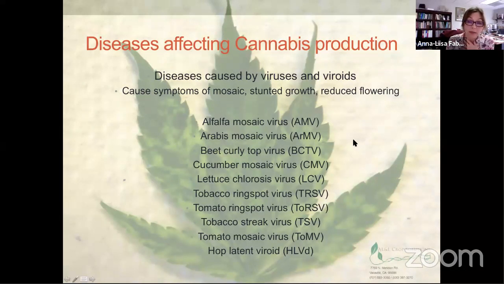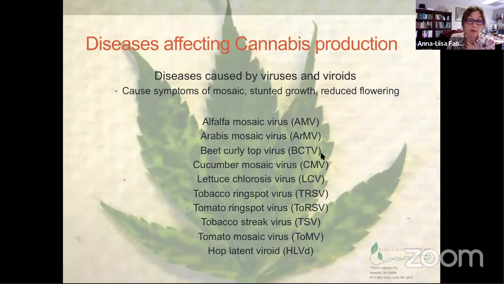We have not detected all of these viruses, but that's not to say we have done that much virus testing to have a bigger picture. But some of the viruses, like the beet curly top virus, we detected in that Nevada specimen of cannabis that Joanna brought to our attention.